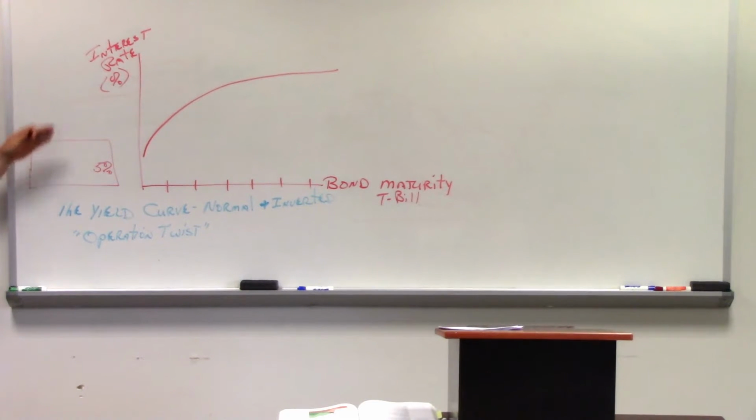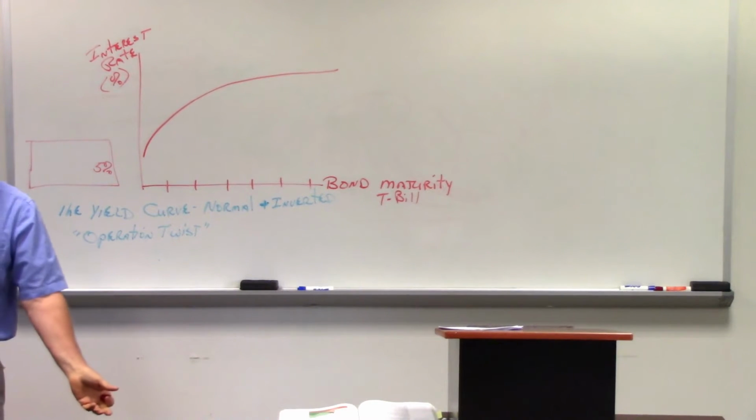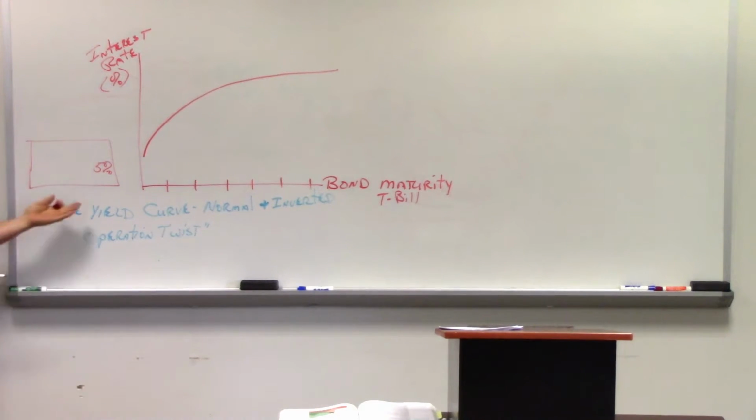And if the Fed funds rate, the local interest rate, goes down to 1%, well, this becomes more valuable because it's paying 5%. So people will pay a premium to buy this instrument because it's paying 5%, where everybody else can only get 1%.